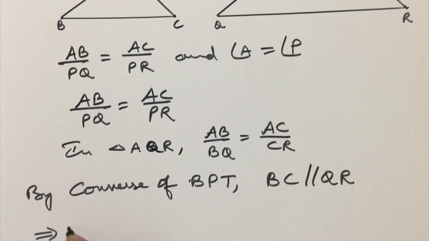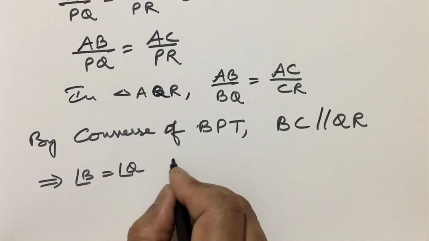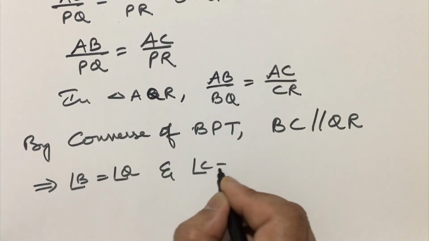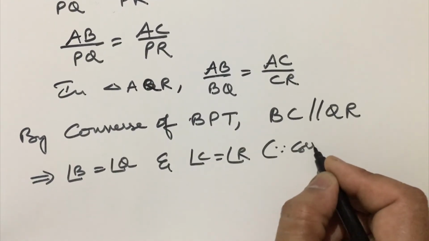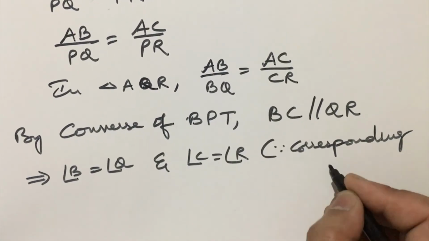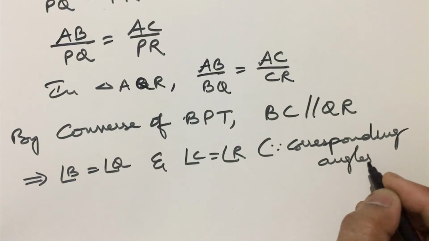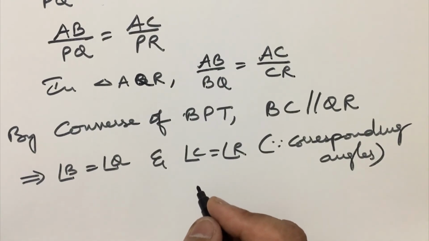This implies you can write that angle B is equal to angle Q and angle C is equal to angle R. The reason is corresponding angles are equal, as they are corresponding angles. If the lines are parallel, then the corresponding angles are equal.